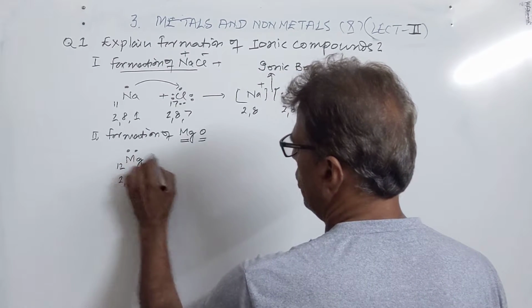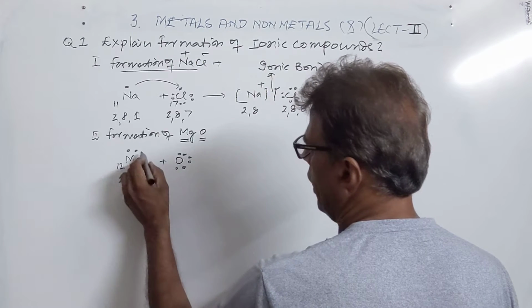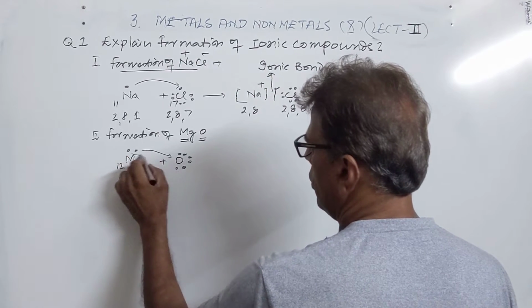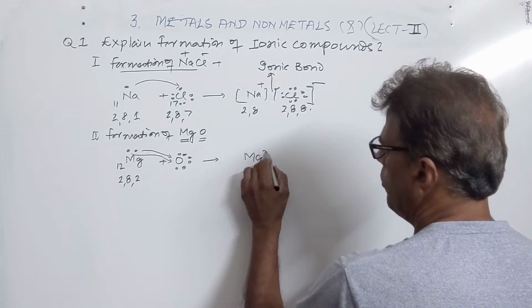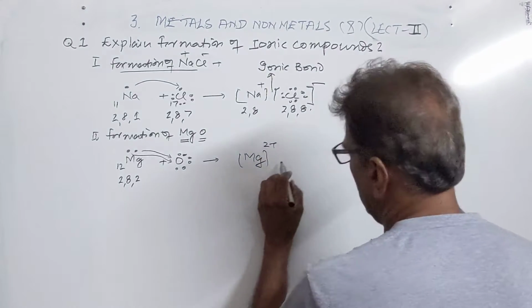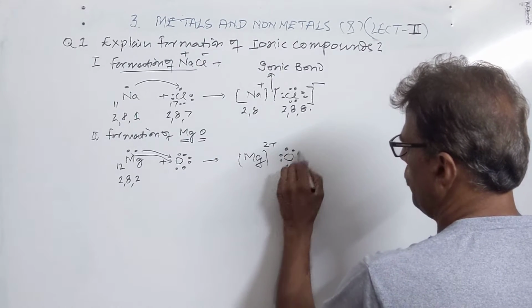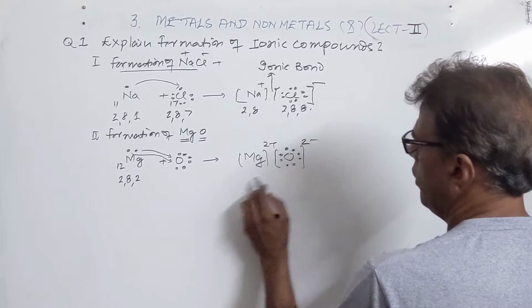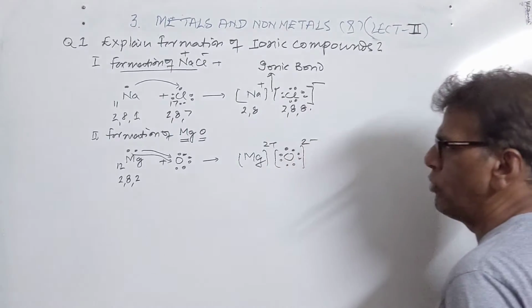So these electrons can be transferred to oxygen, which has a deficiency of 2 electrons. These electrons are transferred to the outer shell of oxygen. Magnesium acquires 2 positive charge because it has supplied 2 electrons to the oxygen to produce oxide ion. So now this is magnesium oxide. Ionic bond is formed between them.